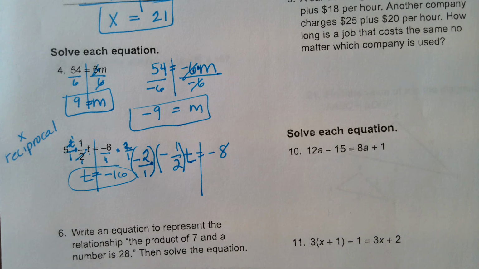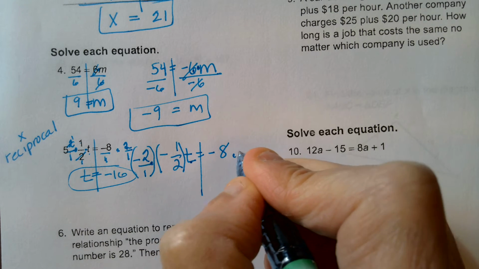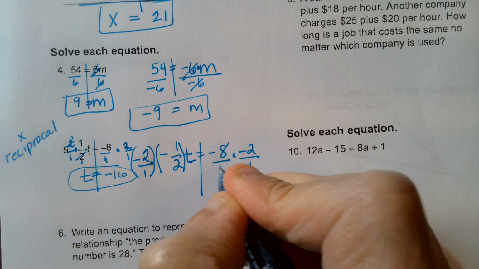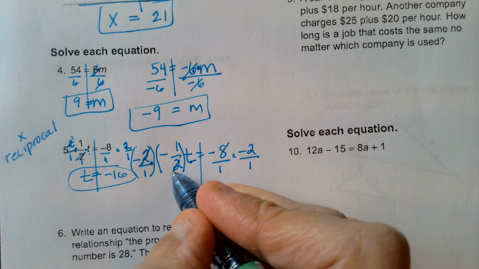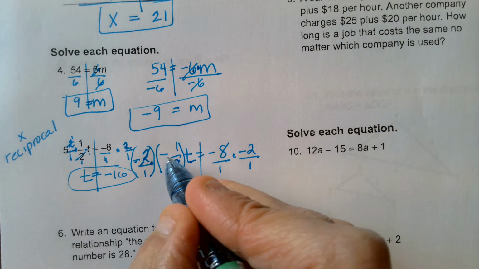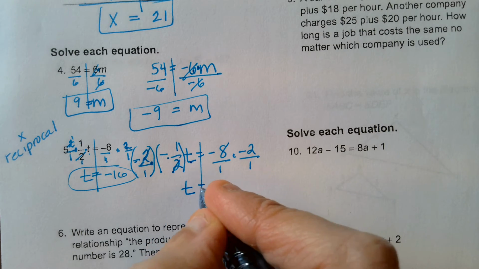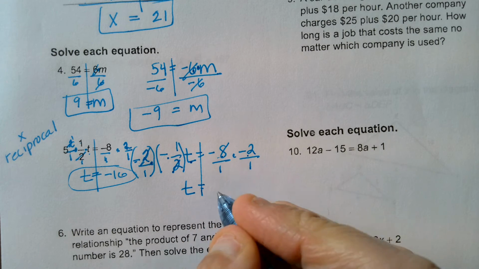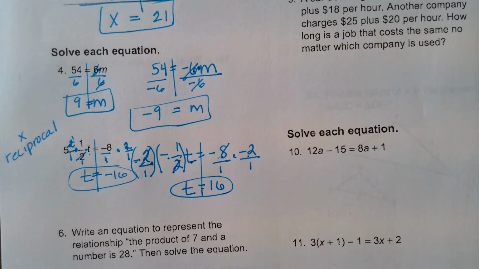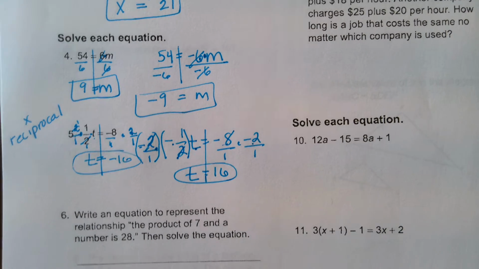I can't forget the negative. And I go over here and it's -2 over 1. Again, that's still over 1. So now this crosses off the same, but now we got negative times negative, which is a positive, which is what we wanted. You don't want to end up with a negative in front of this. -8 times -2 is 16. Okay, so just watch your signs there.